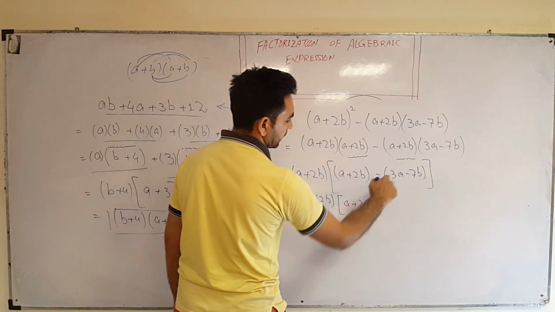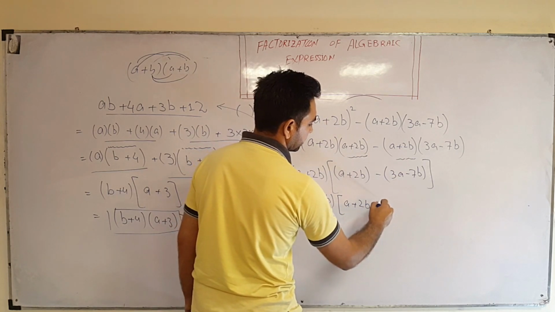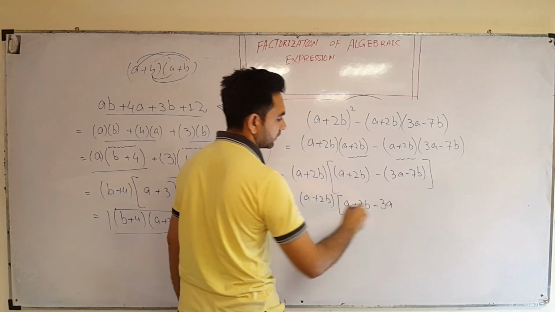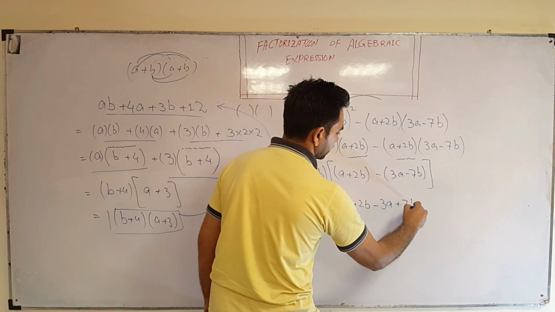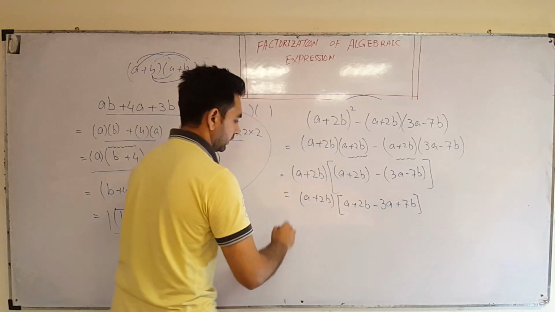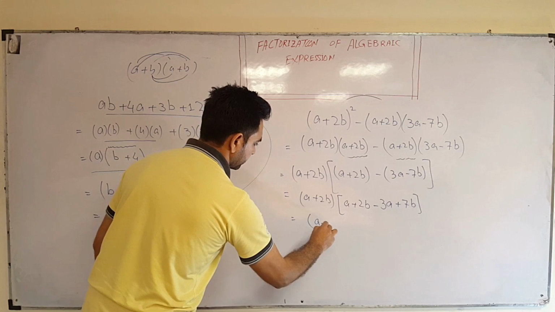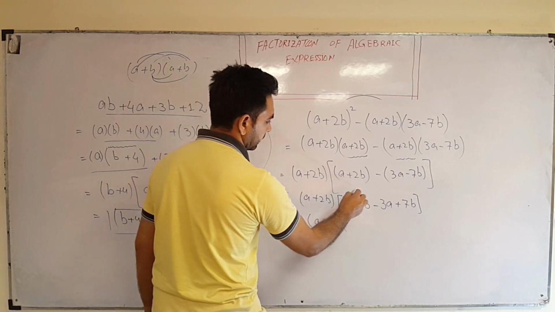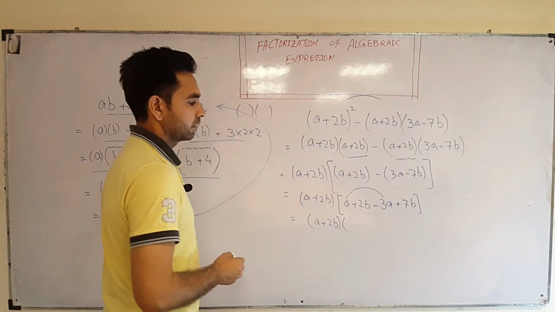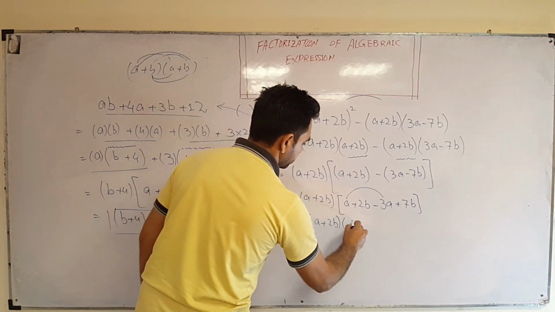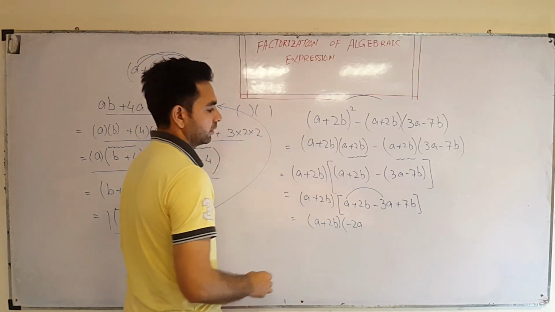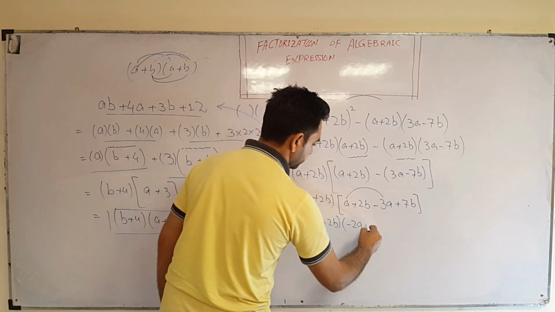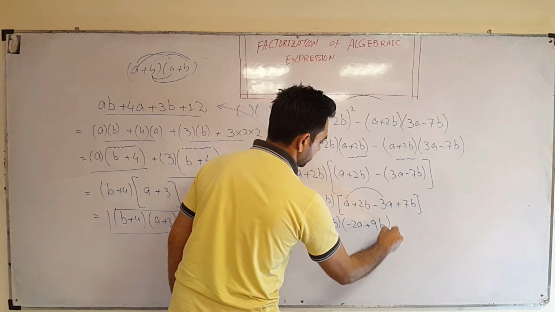Now this minus will multiply to 3a, this becomes minus 3a, and this minus will multiply to minus 7b, that becomes plus 7b. And then you can write this as a plus 2b, and then you have a and minus 3a, that gives you minus 2a, and then you have 2b plus 7b, that gives you 9b.